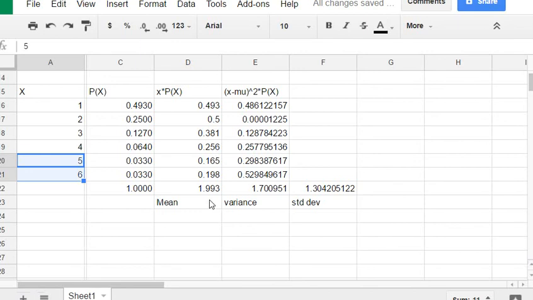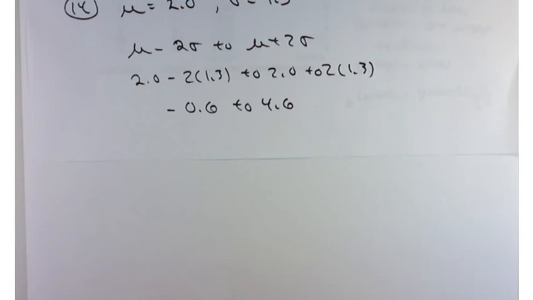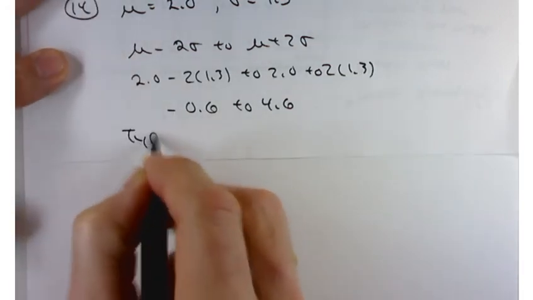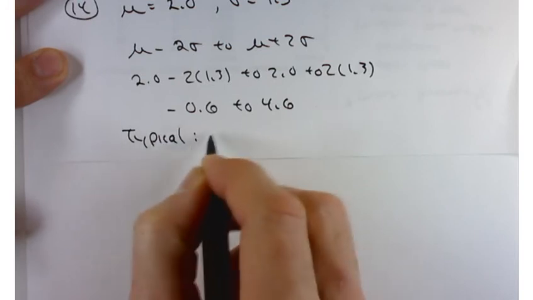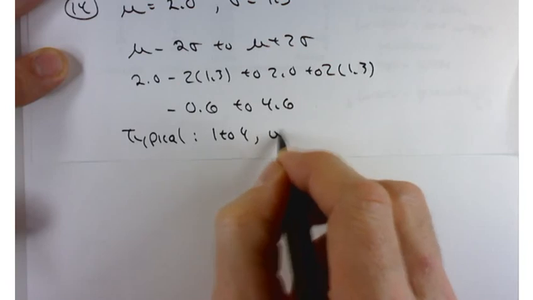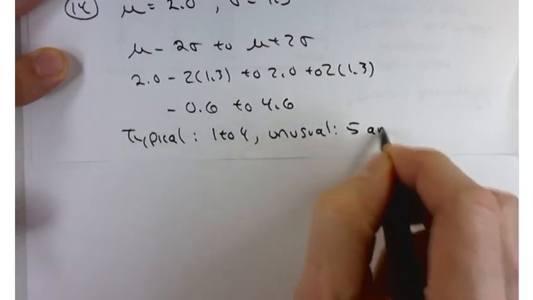Those are outside of our typical values. Our typical values are going to be anything from 1 to 4, inside of that range that we just calculated. So typical would include 1 to 4. Unusual is going to be 5 and 6.